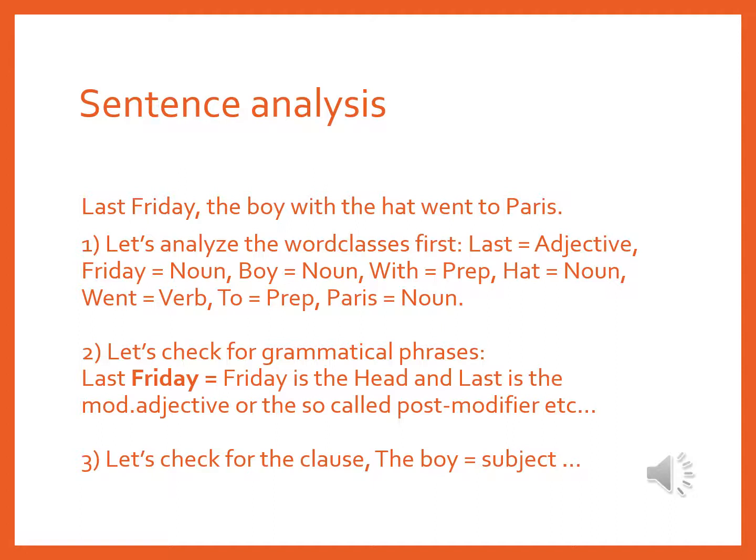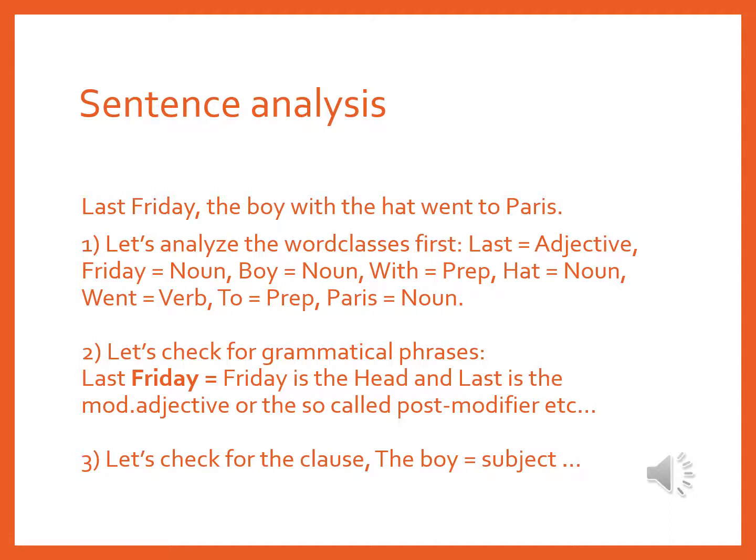Moving on to the sentence analysis. So here, when we analyze a sentence, we can look at it through 3 steps. Here I set an example: last Friday, the boy with the hat went to Paris. So first, we analyze the word classes, because they are easier to pick out from the sentence.